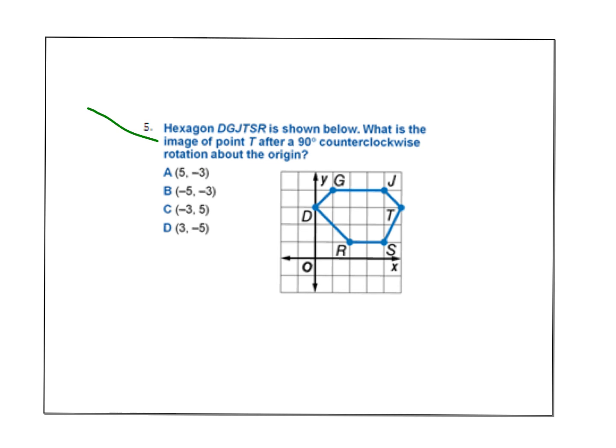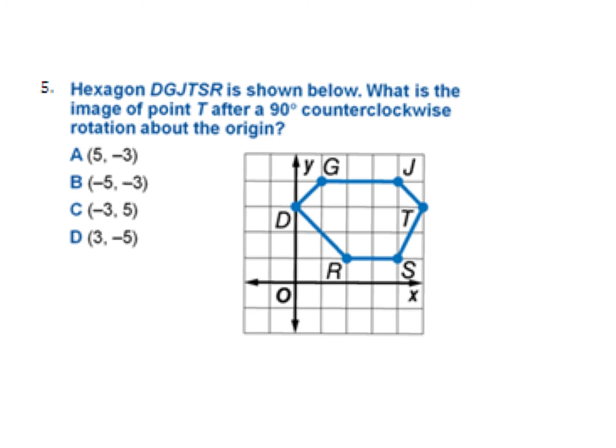Okay, 2 more. Hopefully not too brain-breaking. So we have a hexagon here. Don't worry, I'm not making you rotate the whole hexagon. I'm just looking at point T, which is located right here. So point T, 1, 2, 3, 4, 5, 1, 2, 3, is located at 5, 3. For a 90-degree counterclockwise rotation, what will be the new point?